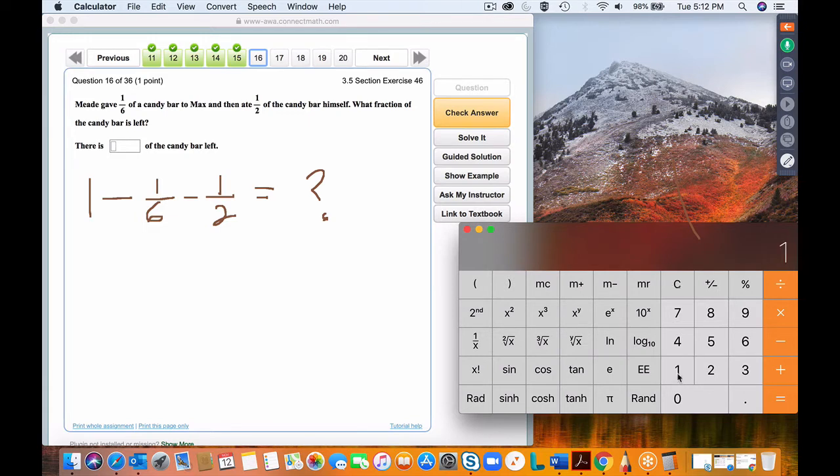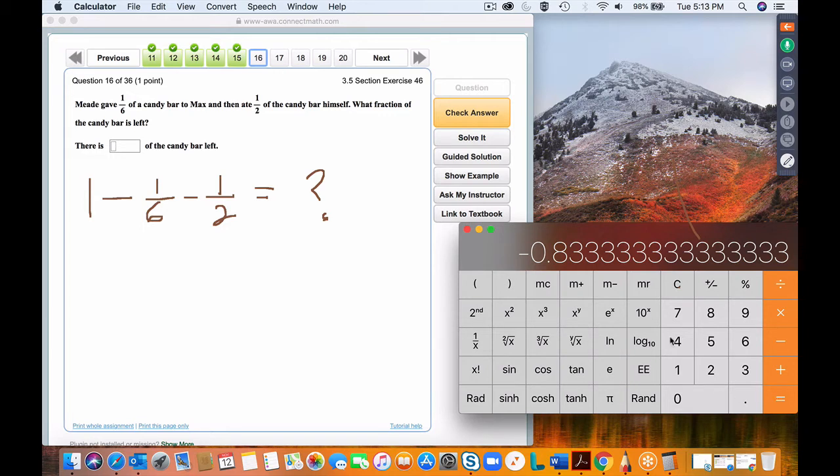Let's see, 1 minus 1 divided by 6, and then minus 1 divided by 2 is this much.